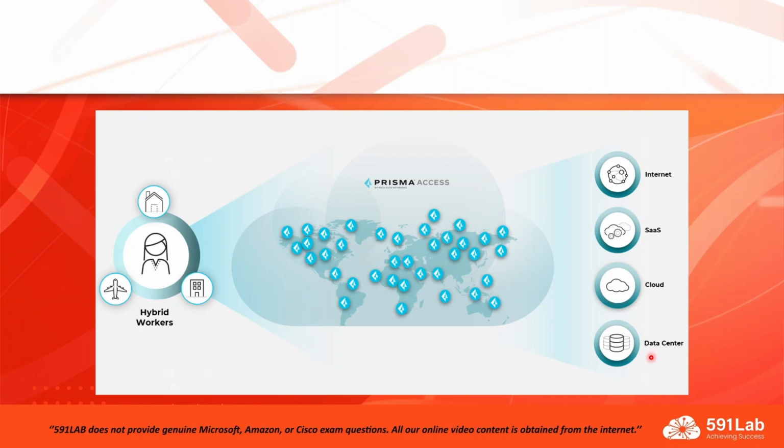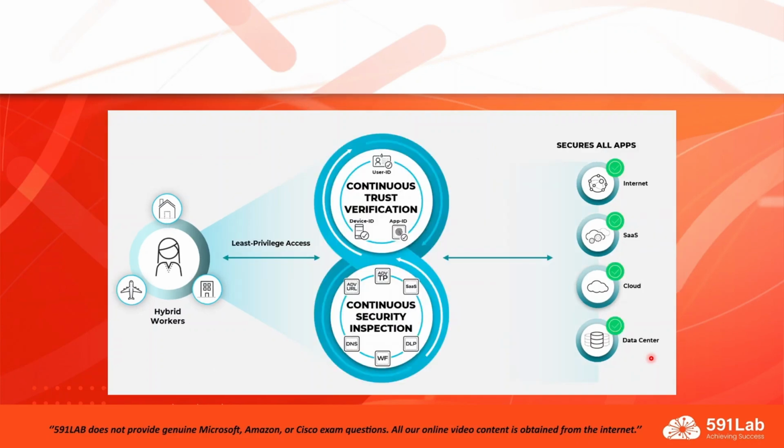How Prisma Access can secure the hybrid workers is as follows. It has the capability of trust verification. Hybrid workers connected to Prisma Access will always be verified by user ID, application ID, and even device identification. Also, once the traffic is allowed, the traffic will always be securely inspected.